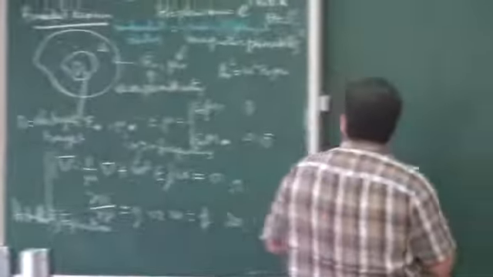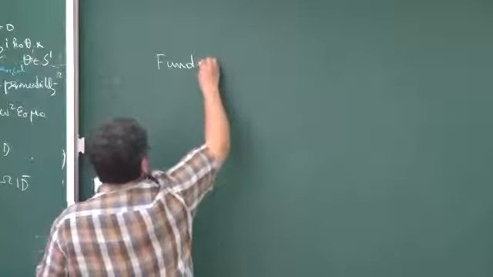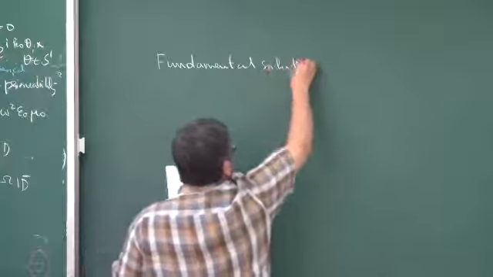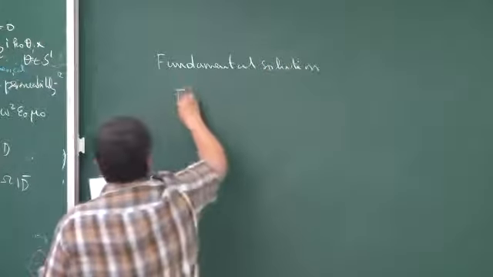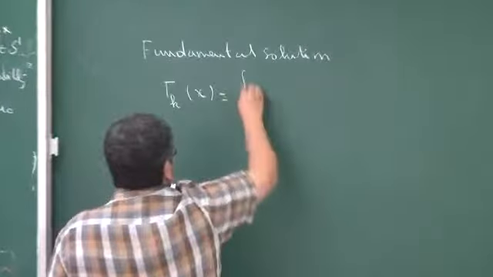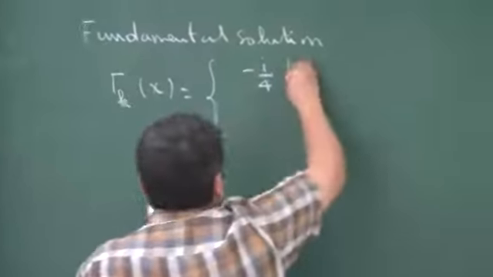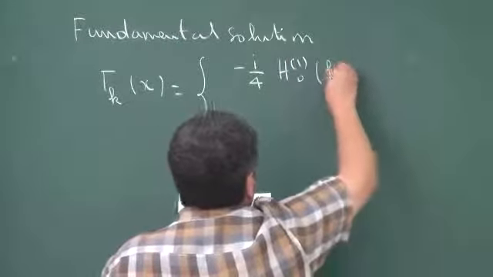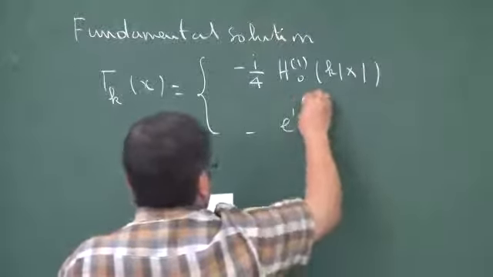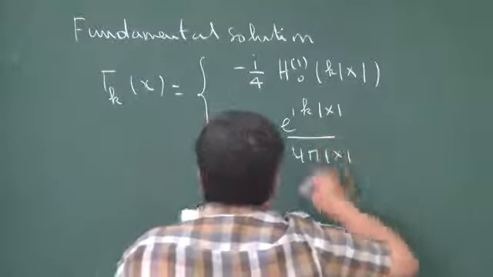Let me give first the fundamental solution for the Helmholtz equation. I will call it gamma k of x, and it's given by minus i over 4 H10 of k of x. In 3D it is exponential i k of x over 4 pi of x.